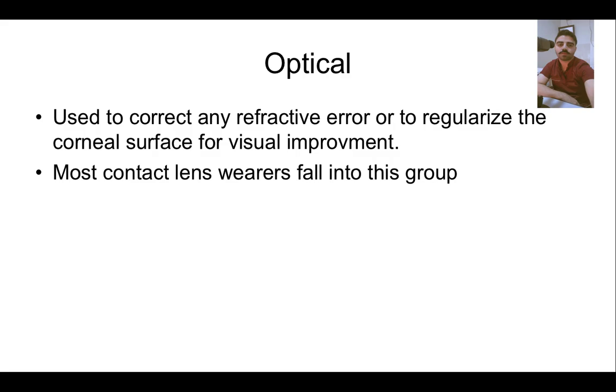We want to prescribe a contact lens in order to correct that particular optical error and to provide better vision to that patient. Most contact lens wearers fall into this group. So this is a very common sort of indication which we normally practice in our daily routine.